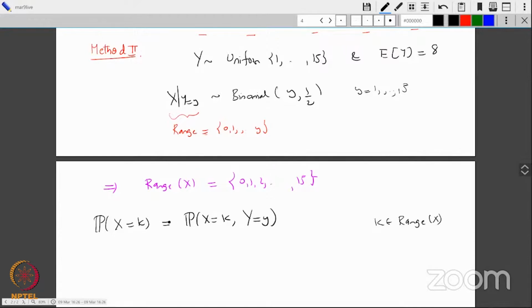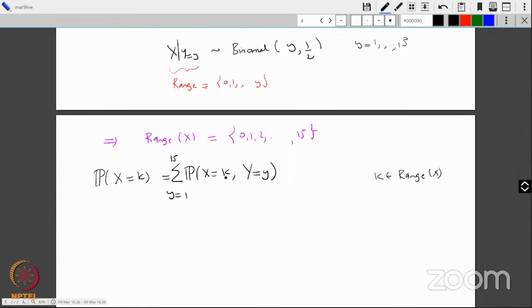So y is equal to y, and y can take the values from 1 to 15. But I only know conditional probabilities of x equal to k given y equal to y. So I rewrite this as the sum over y equal to 1 to 15 of the probability of x equal to k conditioned on y equal to y, times the probability of y.